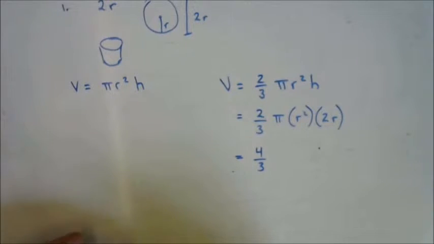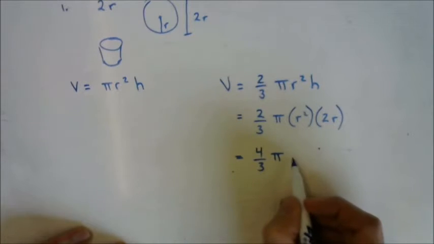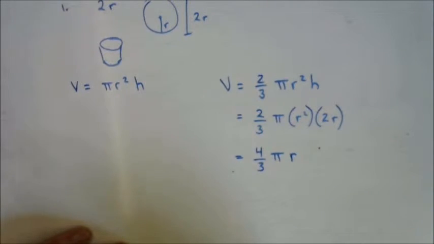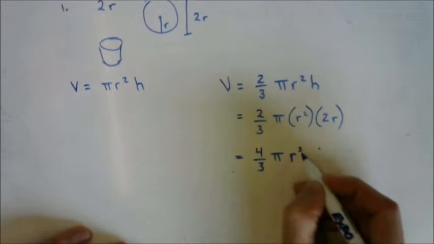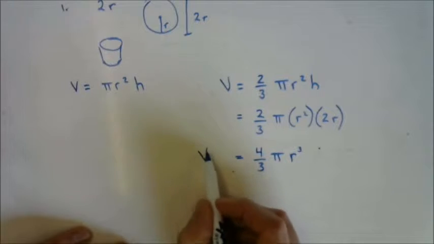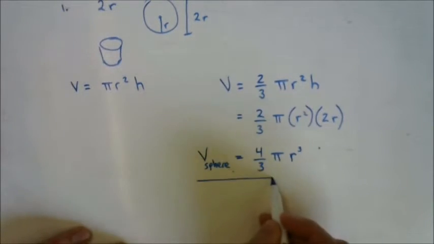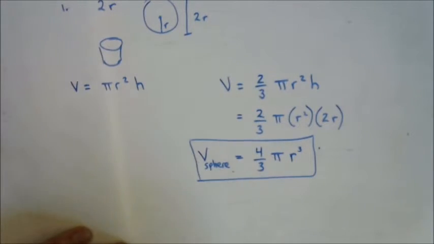Right? 2/3 times 2 is 4/3. 4/3 pi, and then I've got my r's. Well, how many factors of r did we say that we had? 3. We now have 3 factors of r, which is r cubed. Okay? So the volume of a sphere is 4/3 pi r cubed.